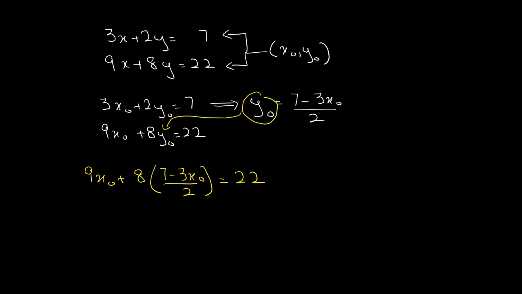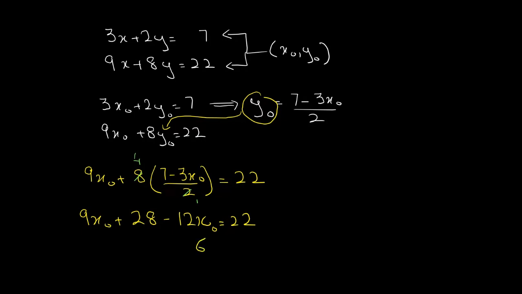The 8 and the 2 will cancel, so I'll get a 4. So I'm going to get 4 times 7 is 28. 28 minus 12x naught is equal to 22, which implies that 28 minus 22, which is 6.